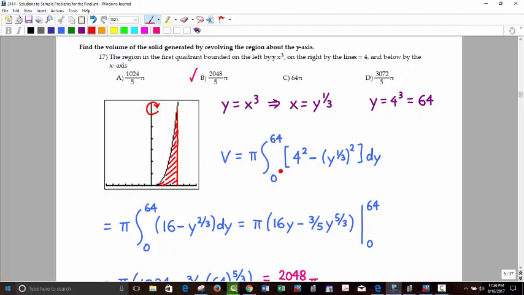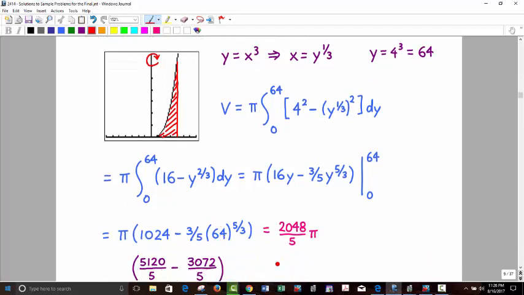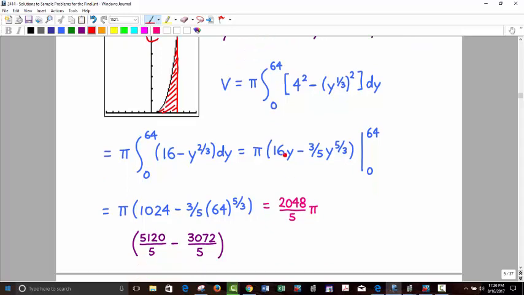The outer function is just x equals 4, so it's 4 squared. The inner is x equals y to the 1/3, so it's 4 squared minus y to the 1/3 squared. So we have the integral of 16 minus y to the 2/3, which you could do in the calculator, but so you have 16y, and the antiderivative of y to the 2/3 is 3/5 y to the 5/3.